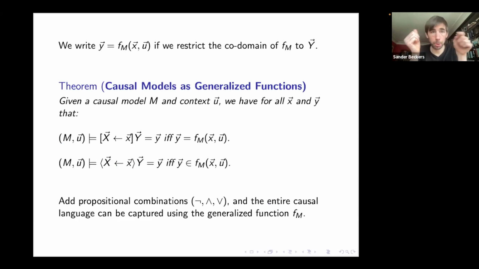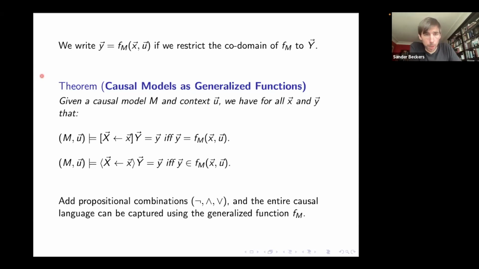The codomain, strictly speaking, is always going to consist of all the exogenous variables and all the endogenous variables, but I might not be interested in all of them. I might be interested only in a subset, and so we can restrict the codomain. And I'm just going to assume that if I write y equals Fm of x, u, that just means I'm restricting the codomain to only those variables in y. I'm just going to ignore all the other ones.